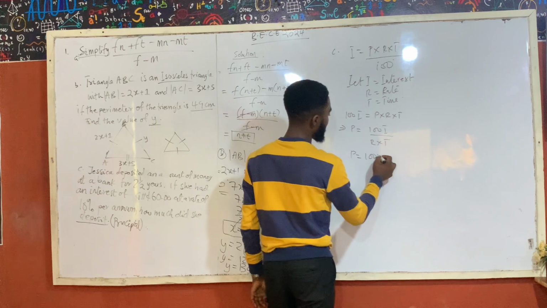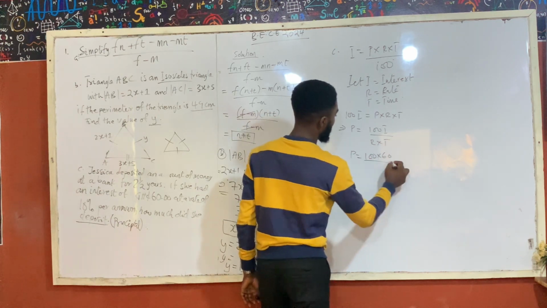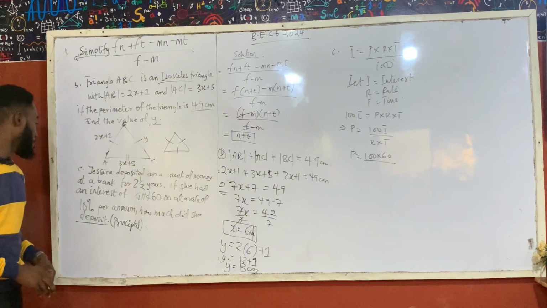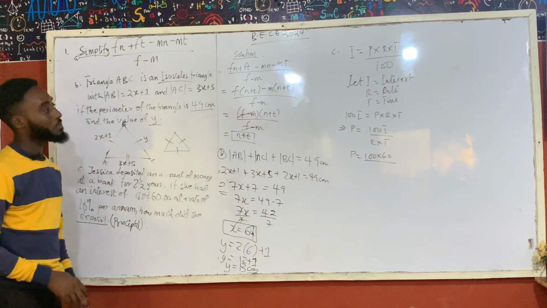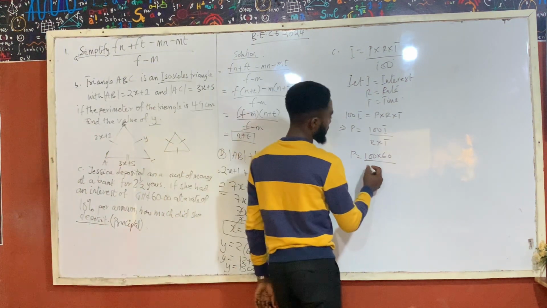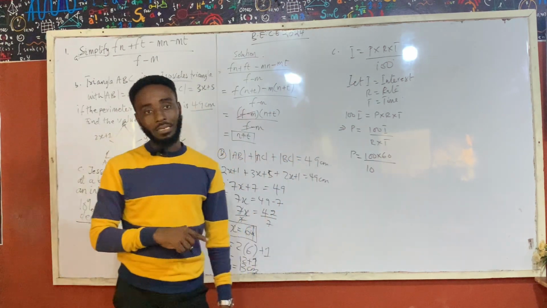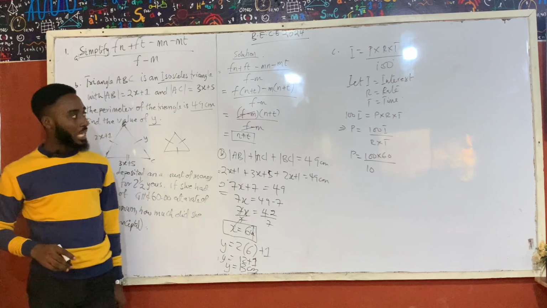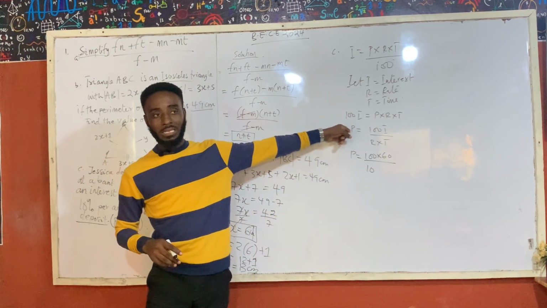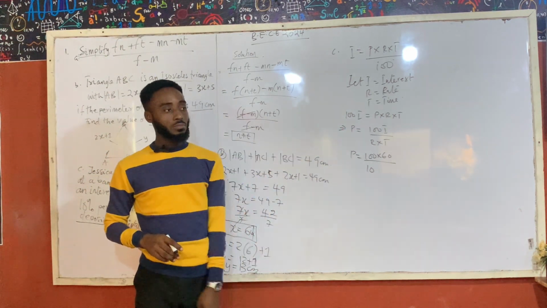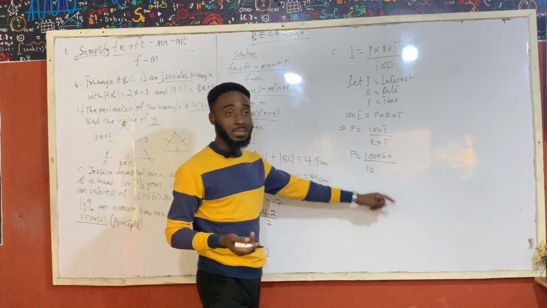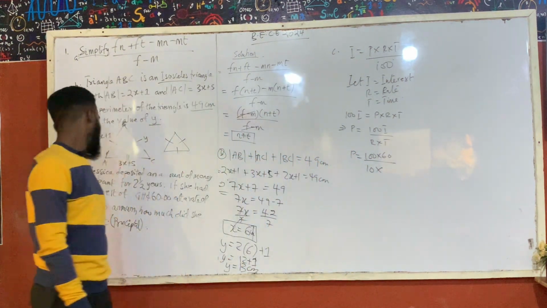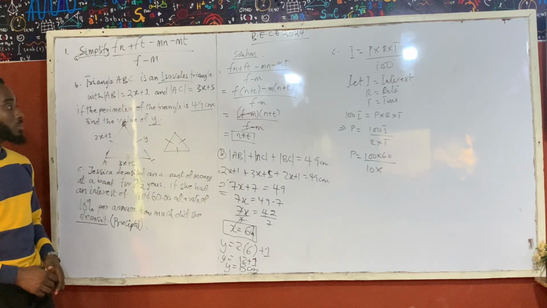So 100 times 60 all over the rate, which is 10%. Do you write 10% or write 10? Are you sure? This 100 actually makes up for the 100, so you just go with the 10 times what's left?